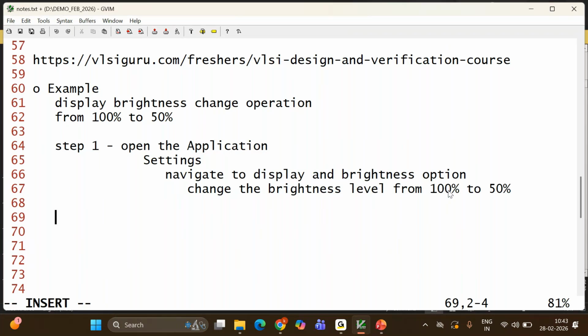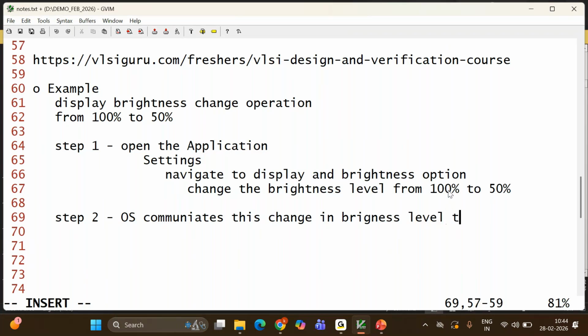Yes or no? So step 2, what is that? The OS communicates this change in brightness level to the drivers.